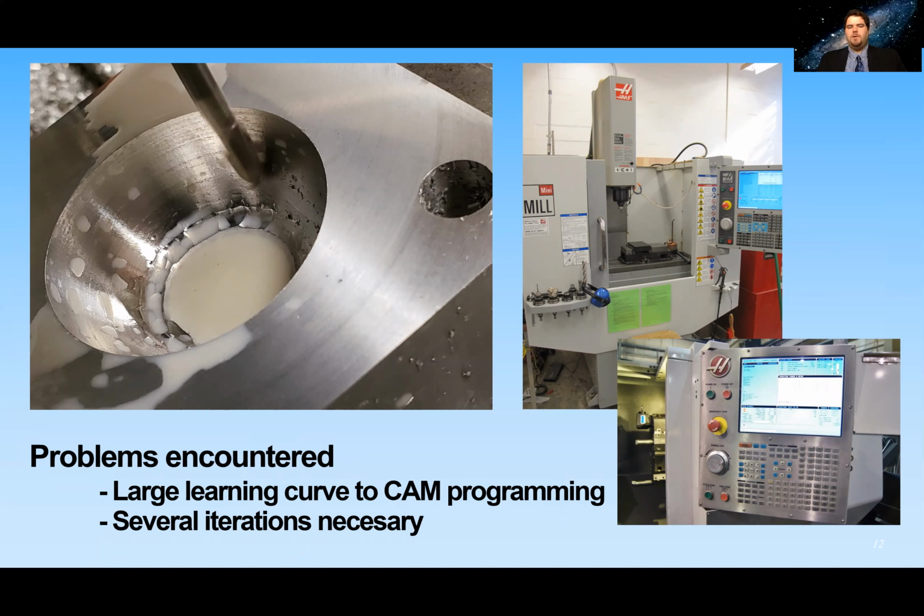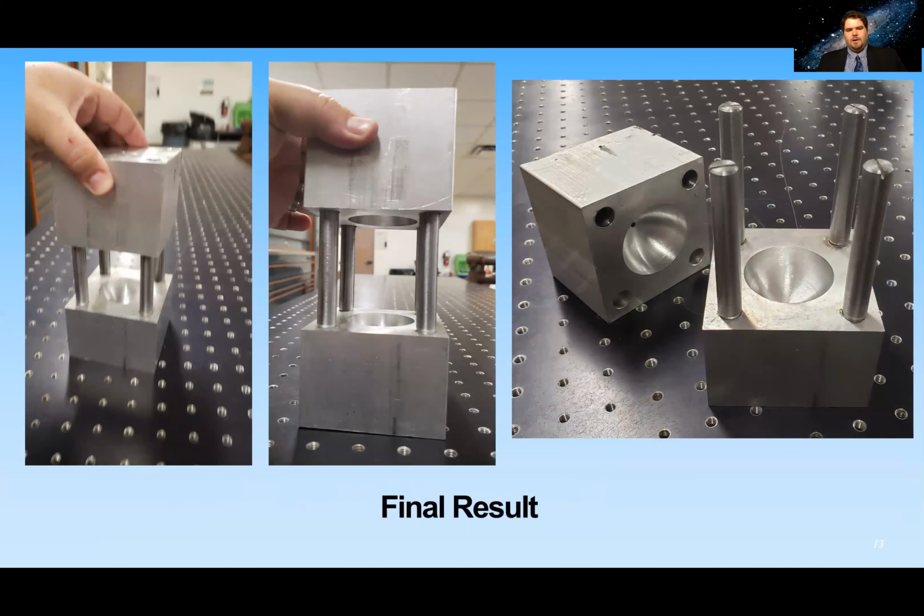So we went through a few iterations, but eventually we got to a very nice end product. This end product worked as intended, met all the requirements that we set out for, and created replicable and consistent hail ice simulants that we were able to use in testing.